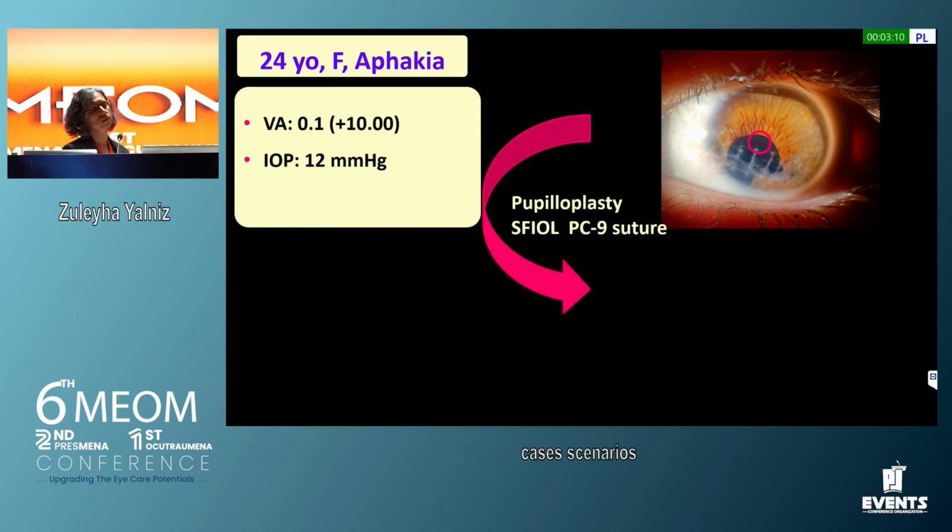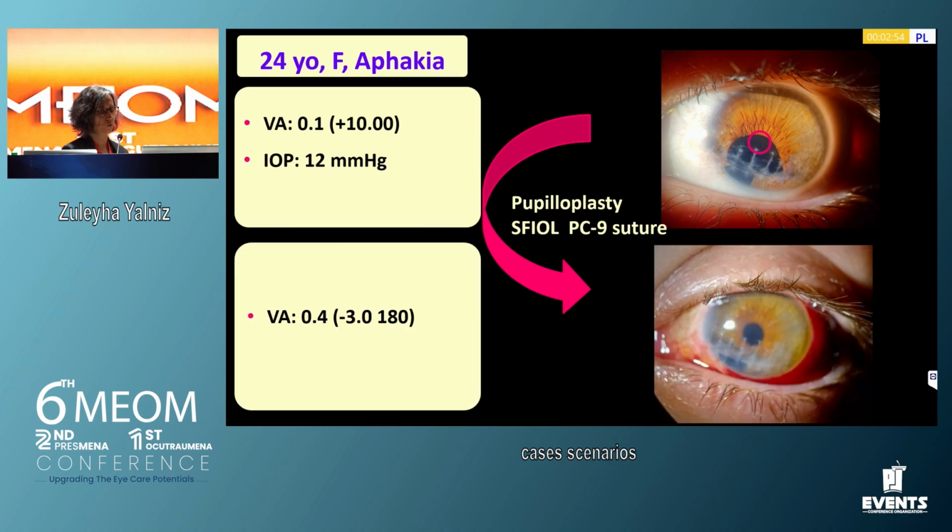After synechia were released, the IOL was implanted with PC9 Prolene suture, and pupilloplasty was performed. At the end, visual acuity improved to 0.4 with astigmatic correction. You see a nice and central pupil.